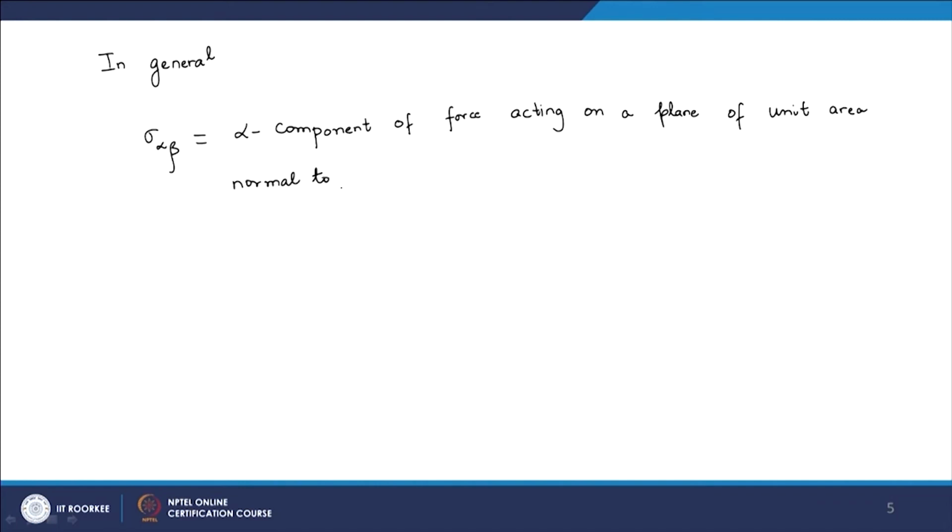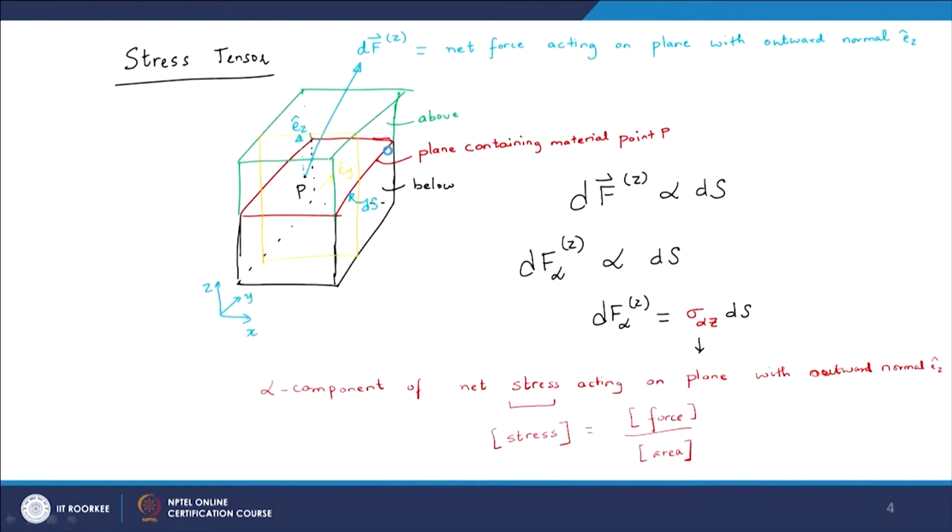In the case we have discussed, beta was equal to z, the red plane, but if you use an orange plane, beta will be equal to y.